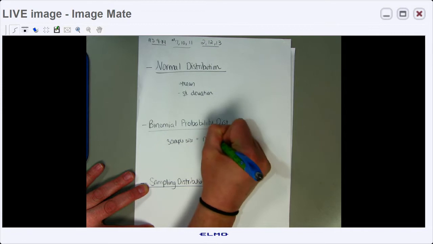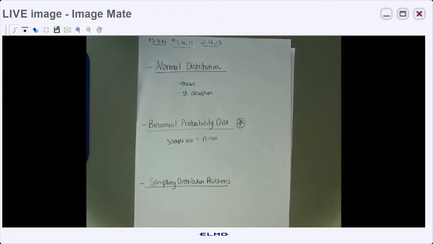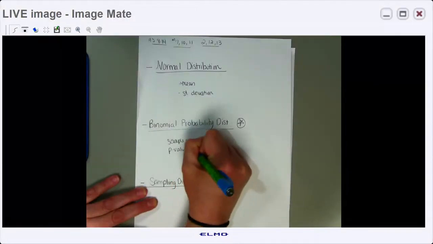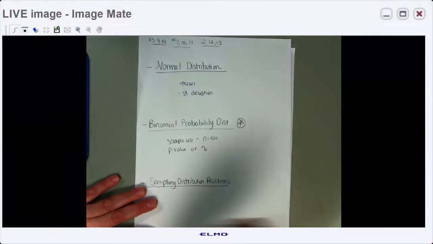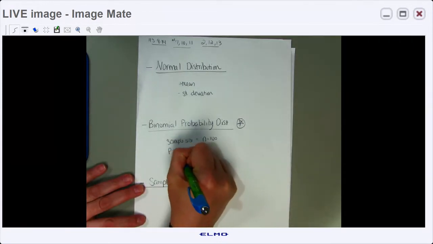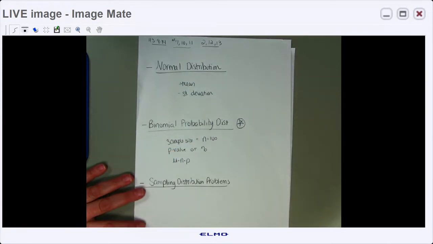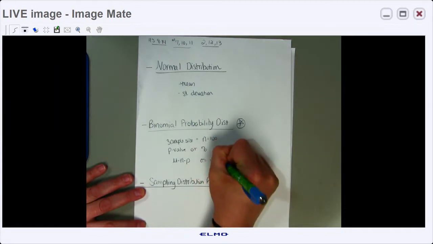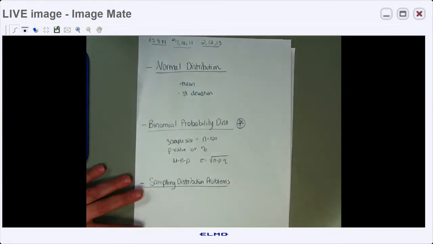So it will say maybe n is 100, and it will give you a p-value or a percentage. And then you have to calculate your mean, which is n times p, and your standard deviation, which is the square root of n times p times q.